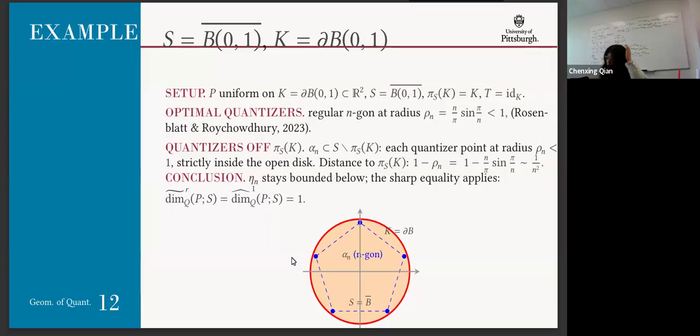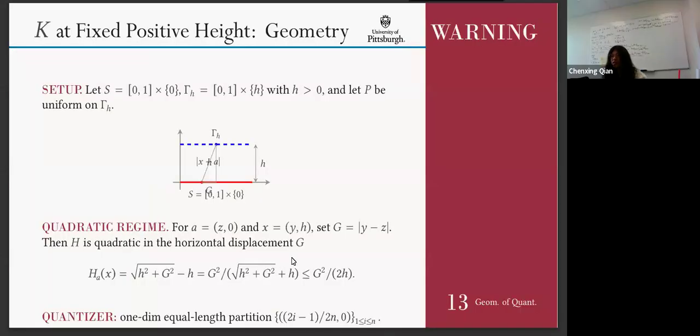But in the next pages, I am also going to show you a case where the geometry is going to work against us. So here is a counterexample.